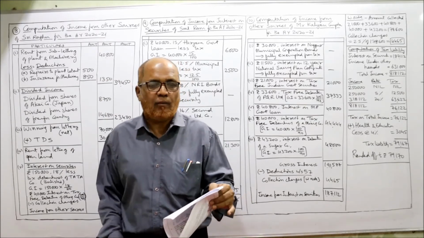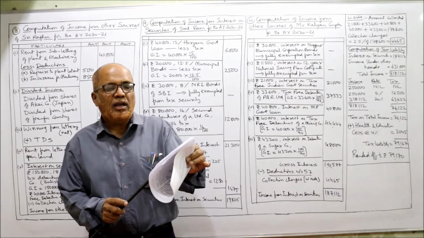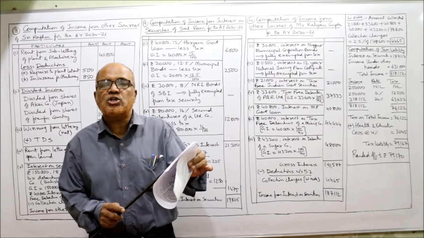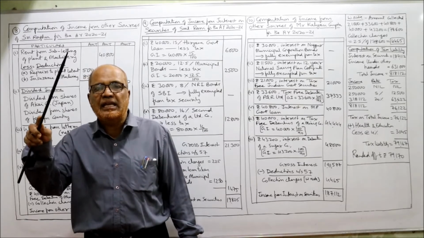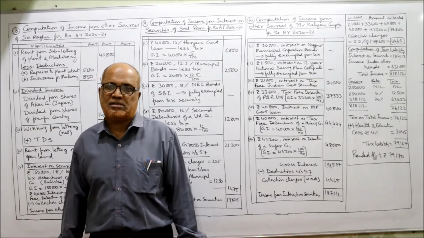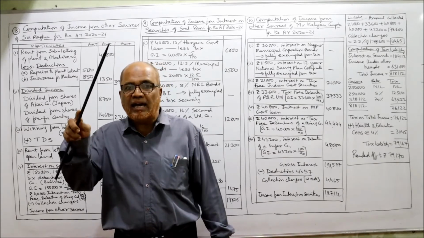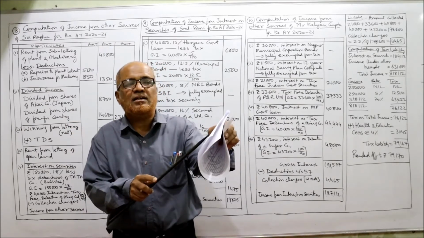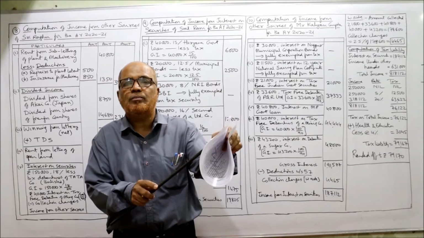I'll explain now. First item, rupees 30,000 interest on Nagpur Municipal Corporation bond. In the previous video introduction, I have given the list of exempted securities. List of exempted from tax security. In that exempted security, this item has appeared, that Nagpur Municipal Corporation bond.